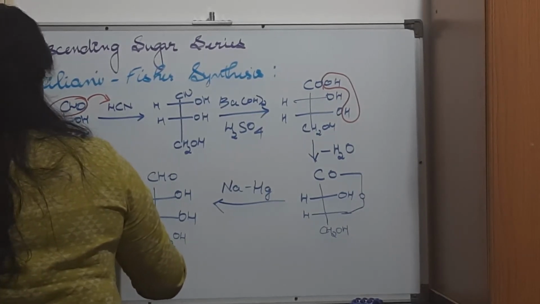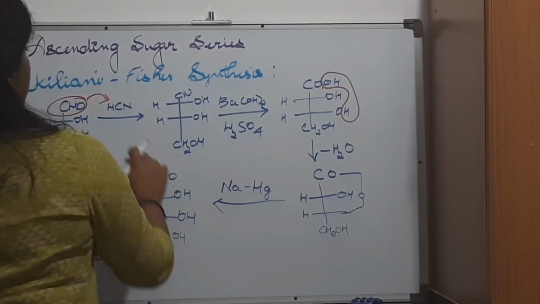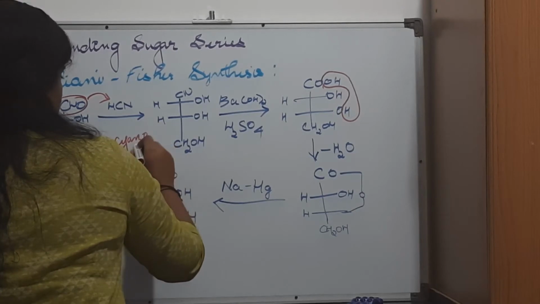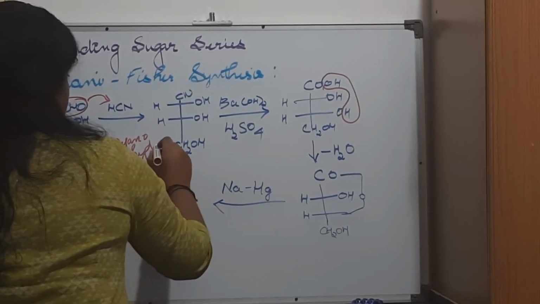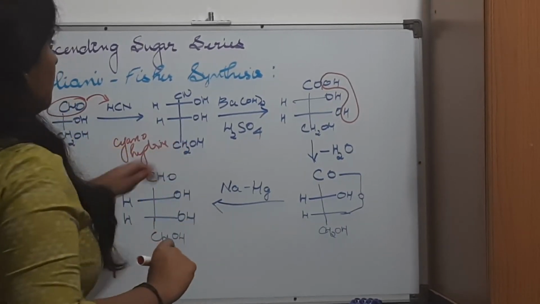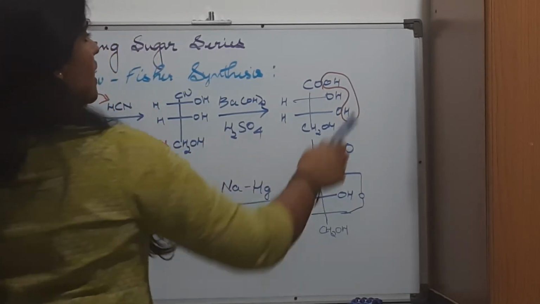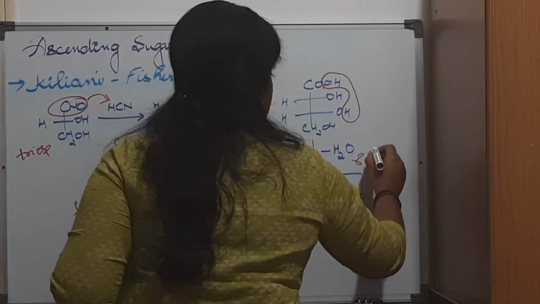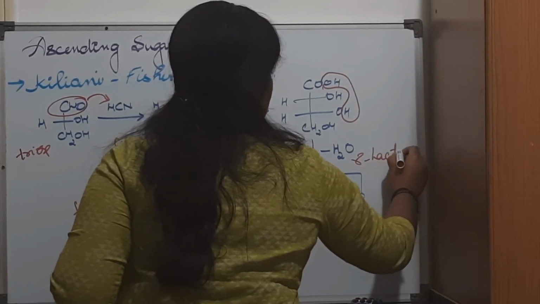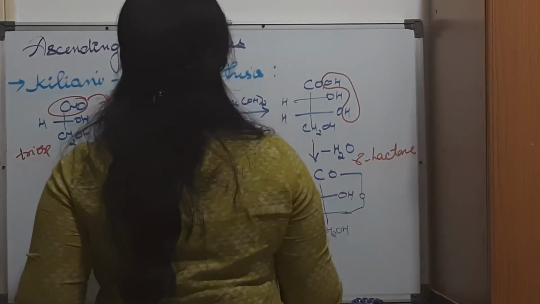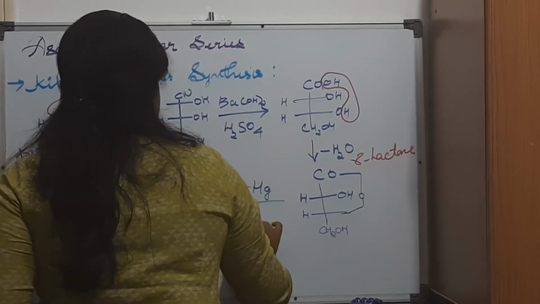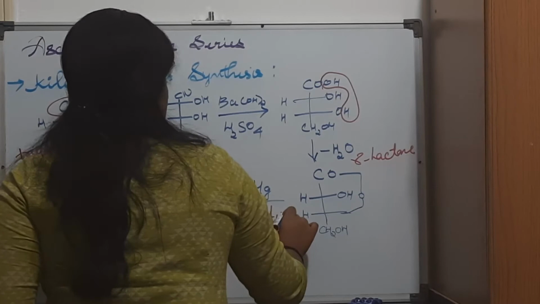What were the steps involved? First, with HCN, we formed cyanohydrin. From there, with barium hydroxide and H2SO4, the COOH group came in. Then lactonization came in, giving rise to the gamma lactone, which on reduction gave rise to the tetrose.